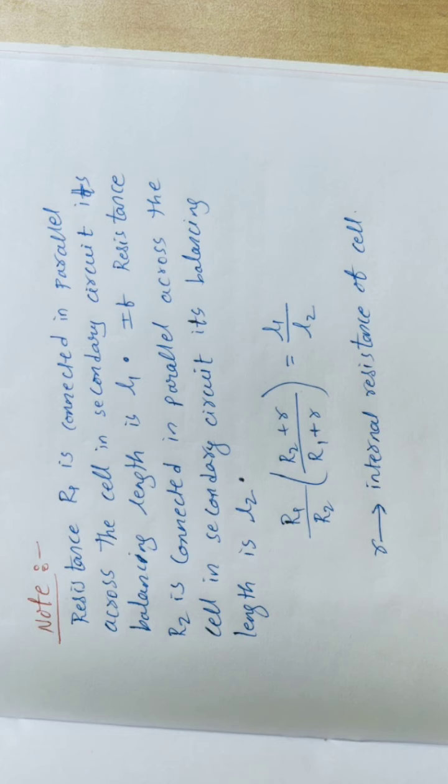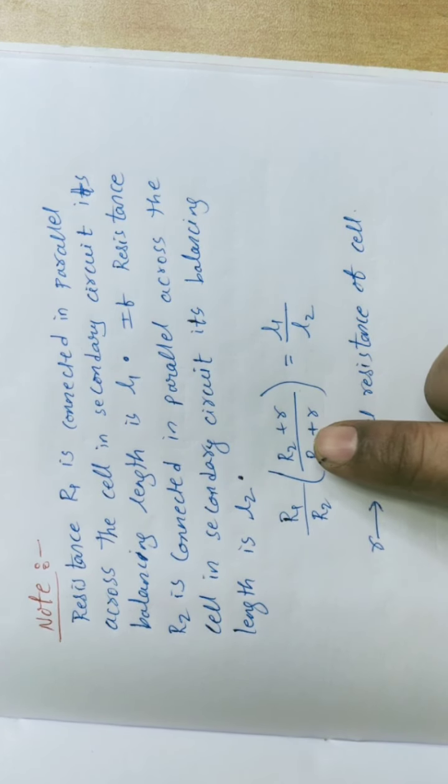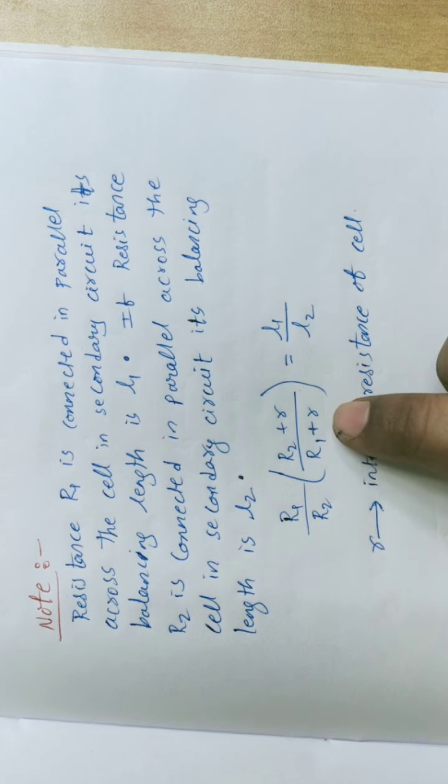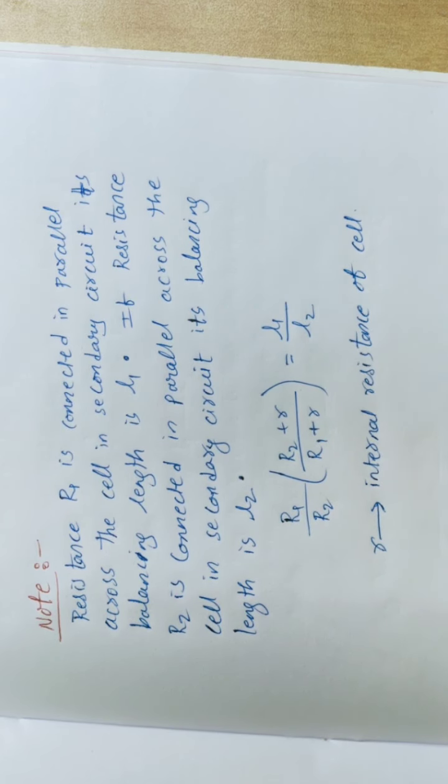Then by changing the resistance R1 to R2, we get one more balancing length, L2. In that condition we have the relation R1 divided by R2 into (R2 plus small r) divided by (R1 plus small r) is equal to L1 by L2, where small r is the internal resistance of the cell.